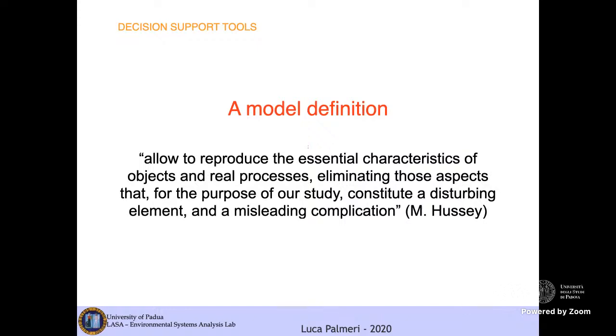So the model shall help us in identifying and putting into focus those aspects that are really relevant and important in our decision, concerning for example the sustainability and environmental friendliness of our application.